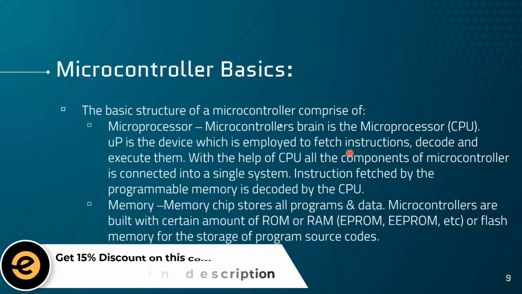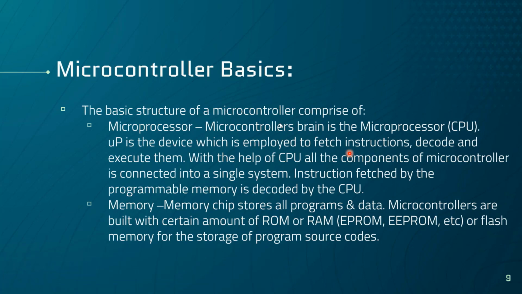So this is the main functionality of the microprocessor. The microprocessor basically fetches the instructions from the memory. That means getting the instruction or identifying the right instruction, and then decoding the instruction, figuring out what this instruction means in terms of functionality, and then executing this instruction in a continuous manner.